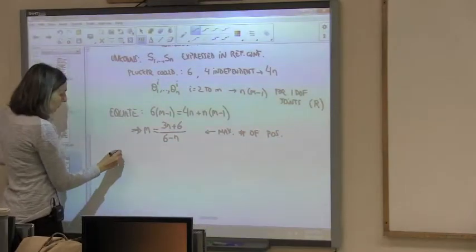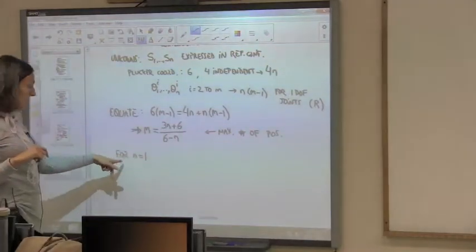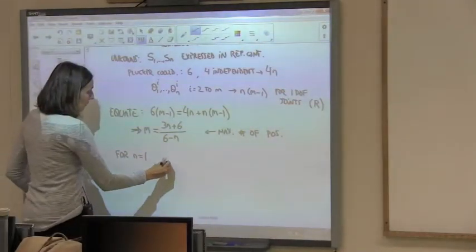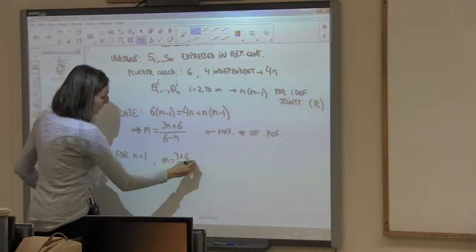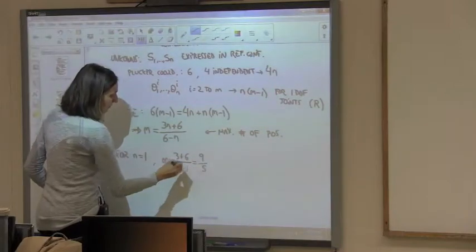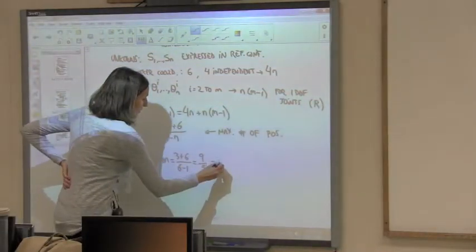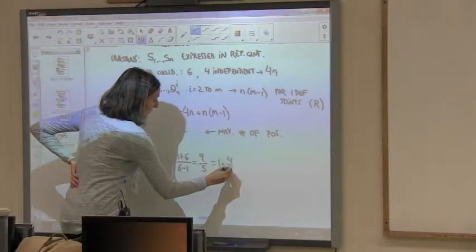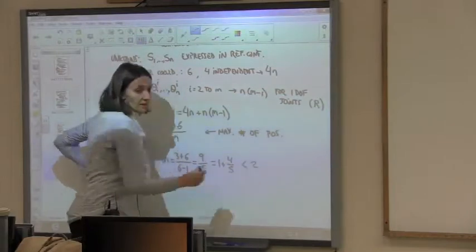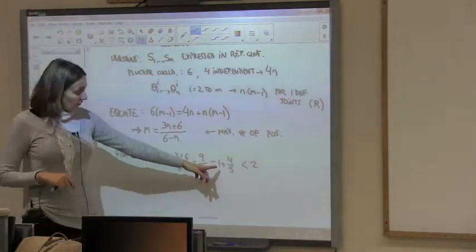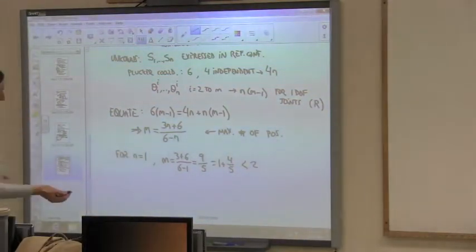So for n equal 1, which means this is our robot with one single revolute joint, m will be equal to (3 plus 6) divided by (6 minus 1), 9 divided by 5, and that is 1 plus 4 over 5, which is less than 2 positions, and that coincides with what we saw. You can define one position, but you cannot define a second position.